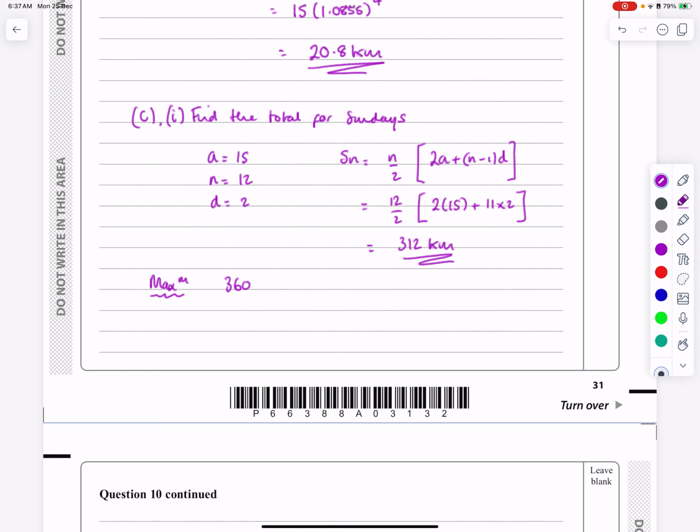So if I do 360, take away 312, that works out to be 48 kilometers. And if I've got 12 weeks to do that in, 48 divided by 12 means I've got 4 kilometers per week, if I do it using that method there.